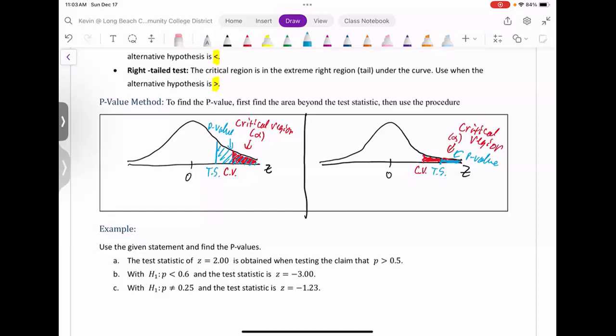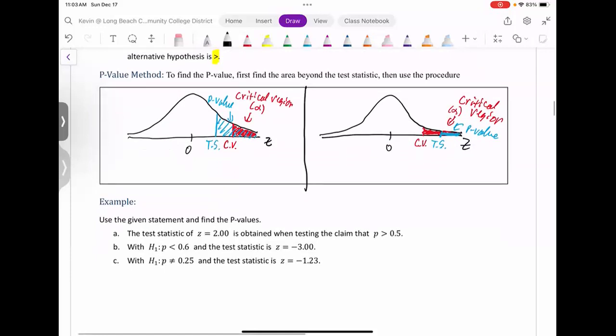The other way to view it is looking at the areas. Is the p-value bigger than the critical region? On the left, yes. On the right, the p-value is smaller than the alpha or the critical region. That is what's going to determine whether our alternative hypothesis is a good idea or not, or if we're going to stick with the original hypothesis, the null hypothesis.